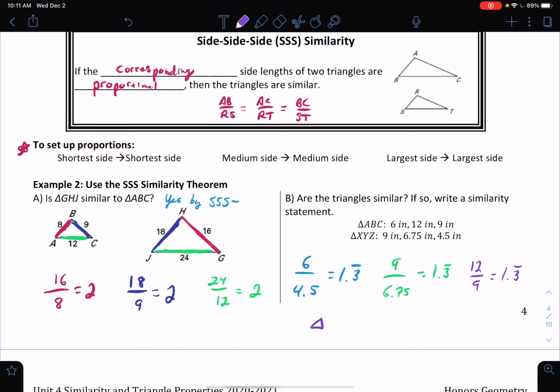If I'm doing triangle ABC is similar to triangle, now, I'm going to say A to B is 6, B to C is 12, and A to C is 9. I know it doesn't say what specifically the side lengths are, but for our sake, I'm going to do it that way. So AB is 6, BC is 12, AC is 9.